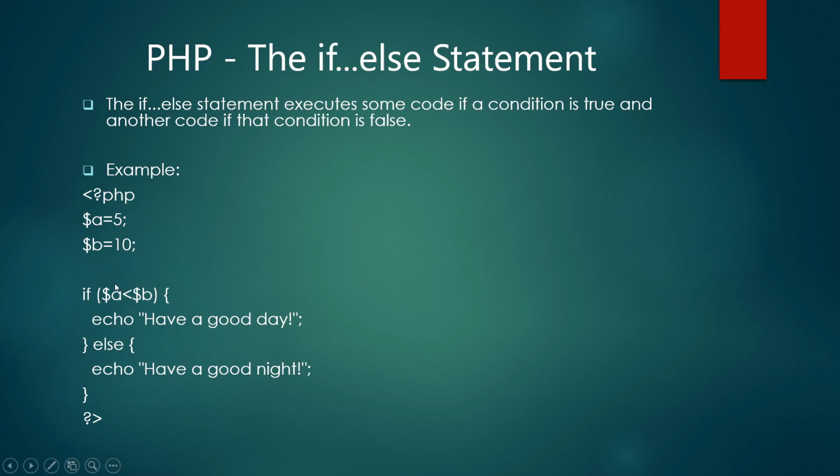Otherwise if the condition is true then the if block will be executed. The condition that I have given is if $a is less than $b. So if the value of $a is less than $b, then the if block will be executed. Otherwise else code will be executed.